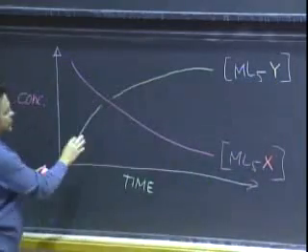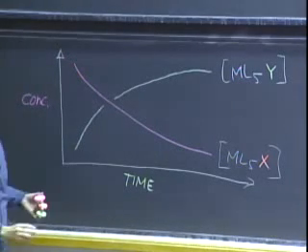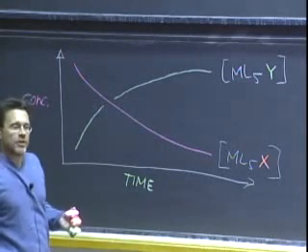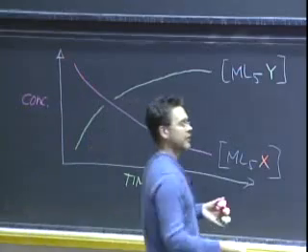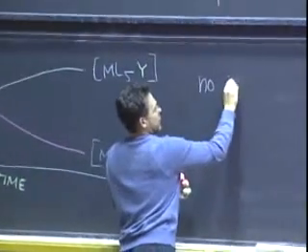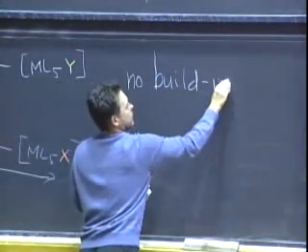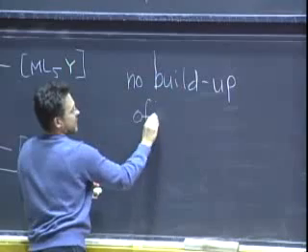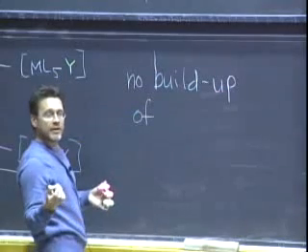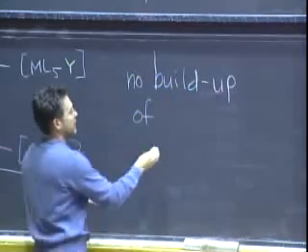And under the simple case shown here, where the intermediate does not build up to any substantial concentration, no buildup of intermediate, meaning whenever the intermediate is formed, it either goes back to starting materials or goes on to products.